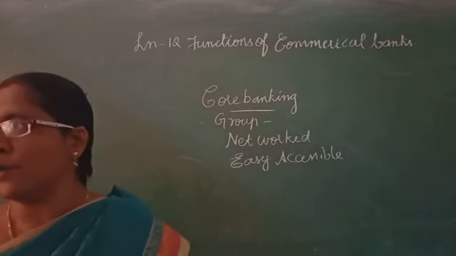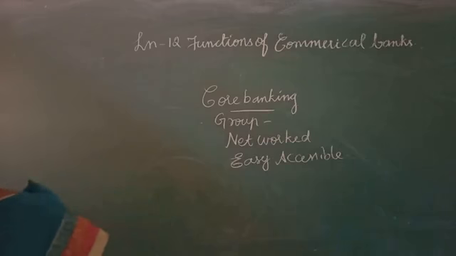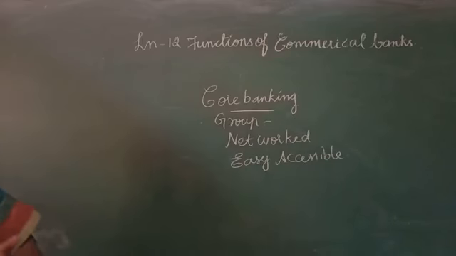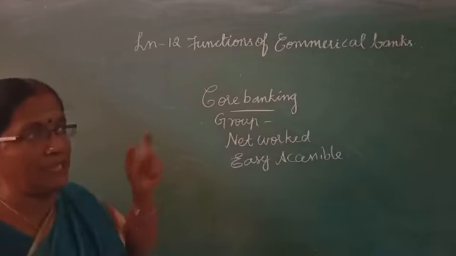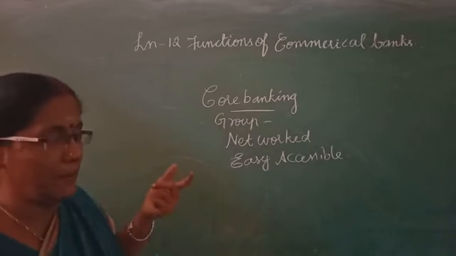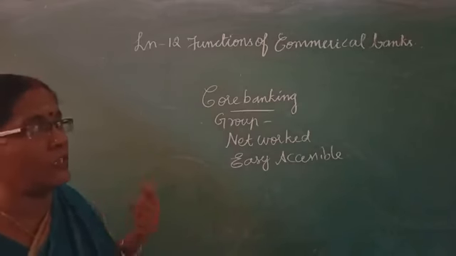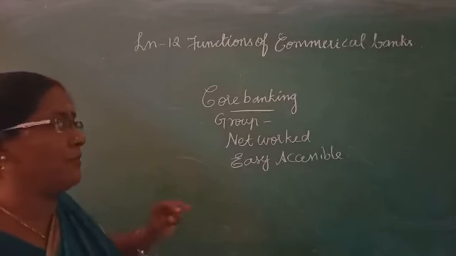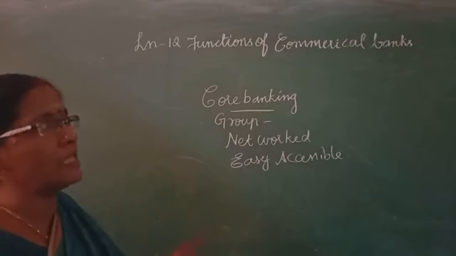It is a service provided by a group of networked bank branches where the customer may access their bank account and do all the banking services. Wherever they are, they can withdraw money, deposit their money, and also see their balances throughout the world. That is called the core banking system.